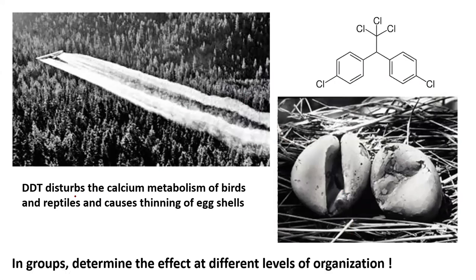So here we're applying some pesticides, and unfortunately it causes some problems to the shells of the eggs of some animals, and it causes some other problems as well, but that's just a part of it.